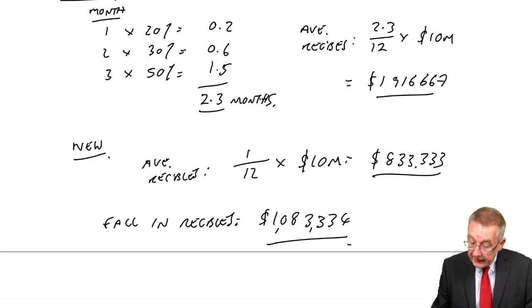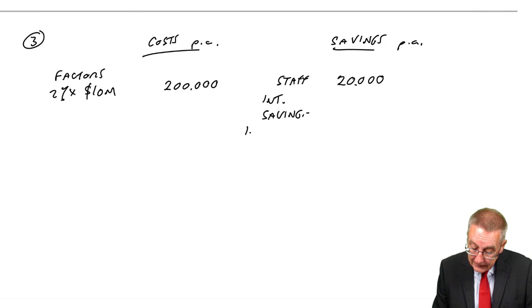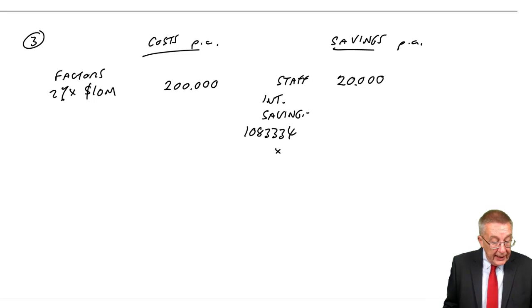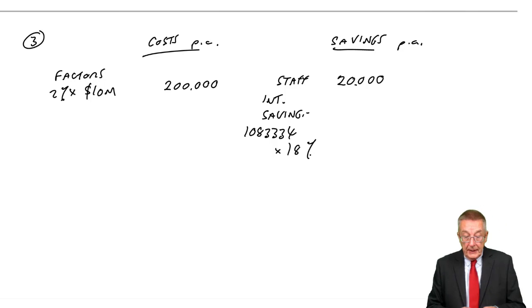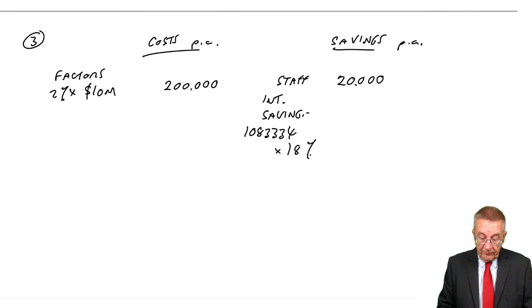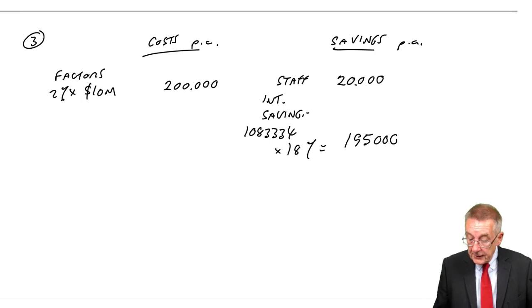The interest saved, 1,083,334. The interest was what? The bank overdraft rate this time is 18%. And so the saving, the interest saving, 195,000.